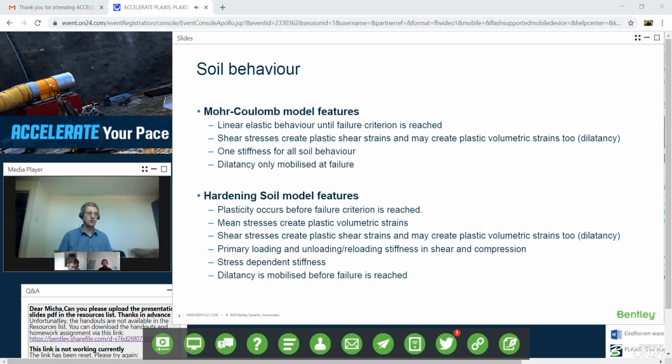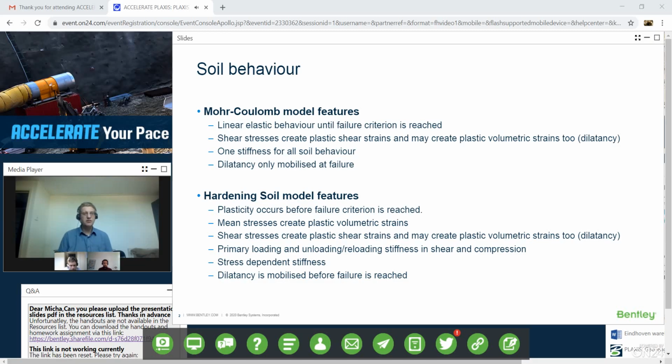So if I compress the soil in the hardening soil model, because I have permanent deformations, I will have permanent volume loss by compressing the soil. If I shear the soil, I get permanent shear deformation, because also in shearing, the hardening soil model is elastoplastic before reaching failure. If I have dilatancy by shearing the soil, I may create plastic volume strains due to the dilatancy. So this is different from the plastic volume strains due to compression.